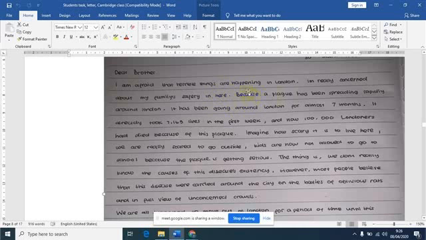We call it a subordinating conjunction because this is the dependent clause, while this one is the independent clause. So we call it a complex sentence.